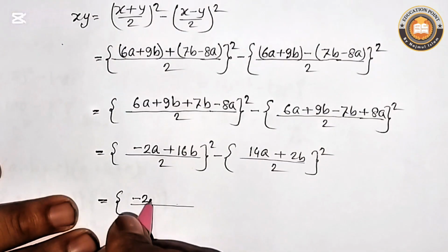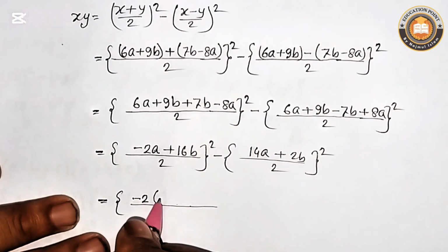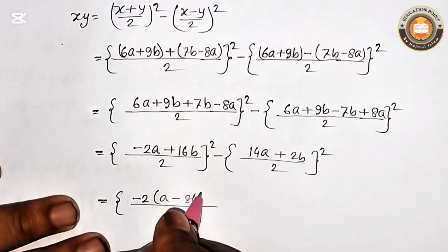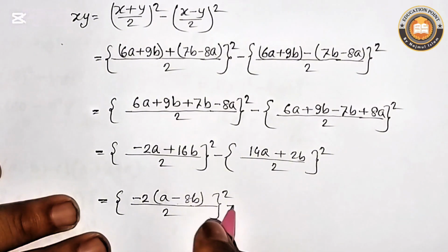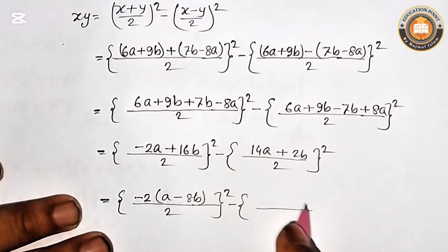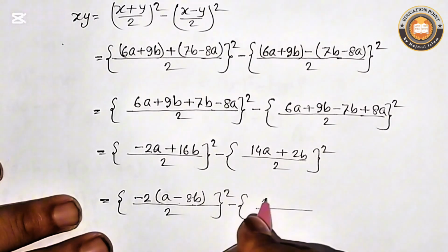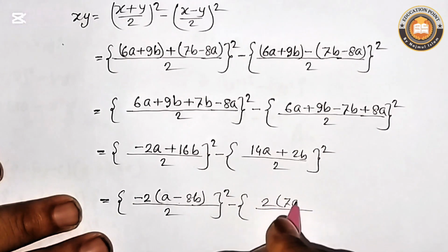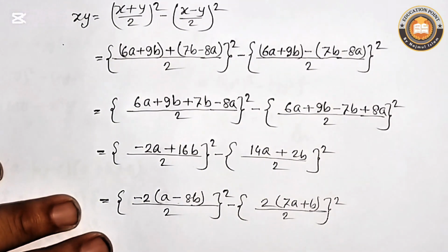Here minus 2 is taken as a common value. After taking common value we can write (a minus 8b) by 2 whole square minus, here 2 as a common value, after taking common value we can write (7a plus b) by 2 whole square.